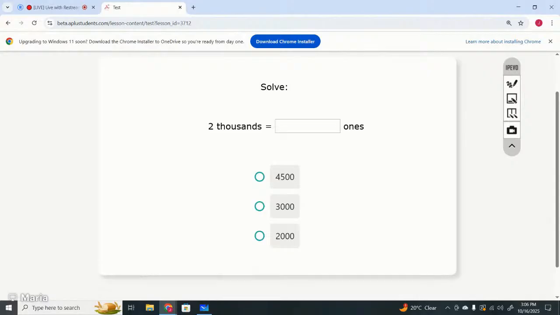Two thousands equal how many ones? 2,000 equal 2,000 ones.